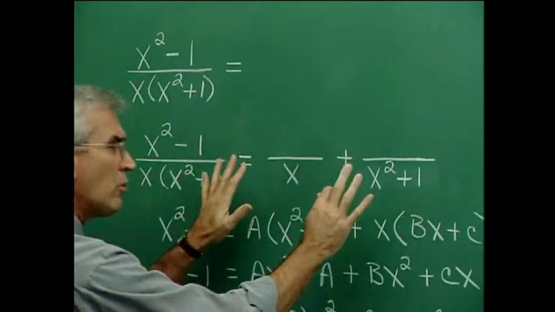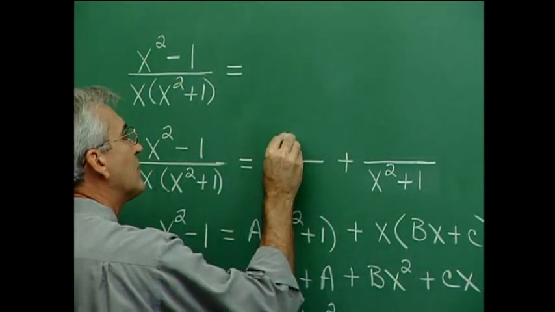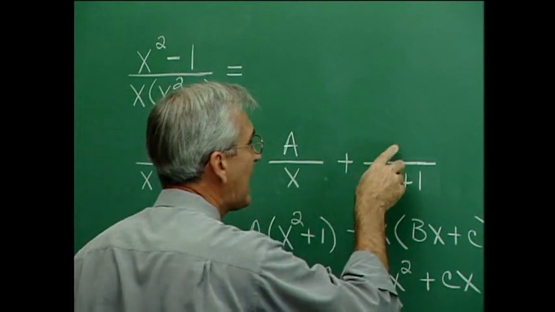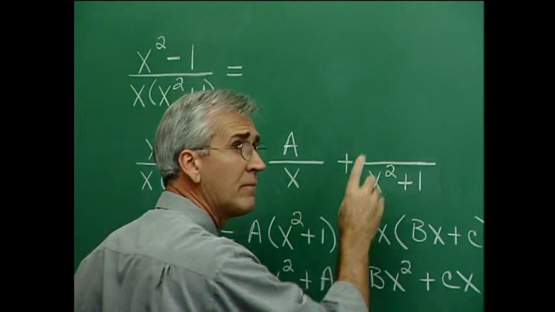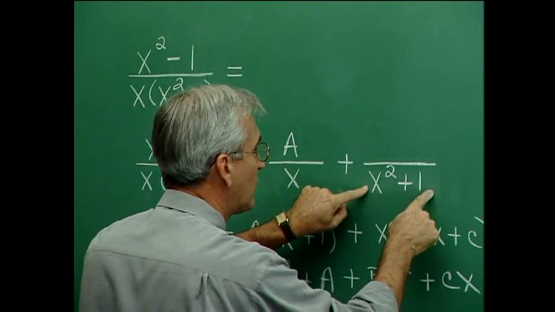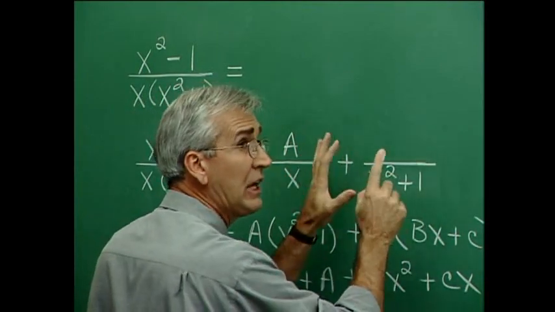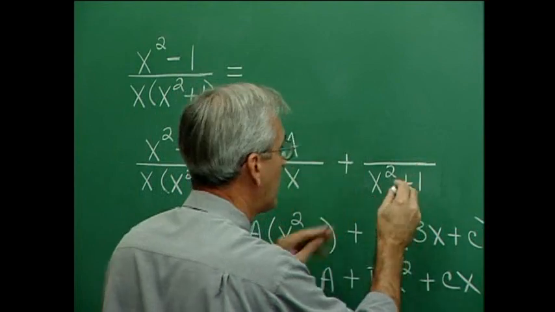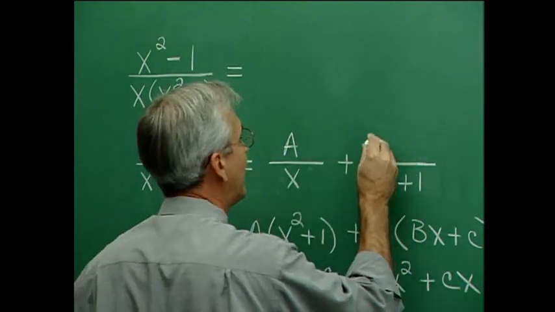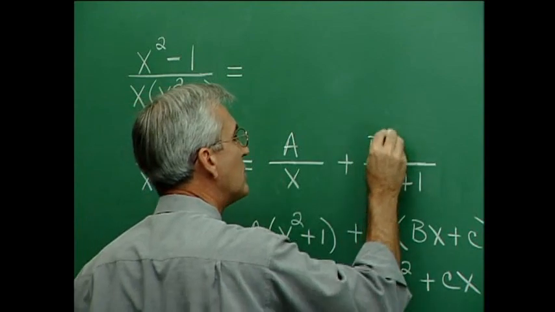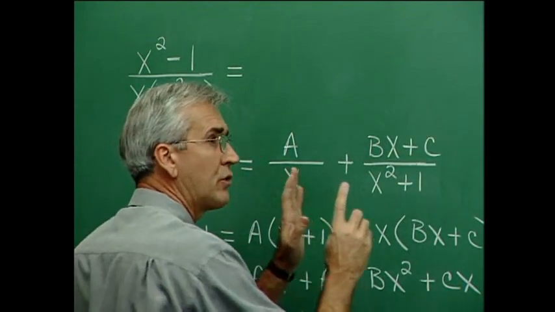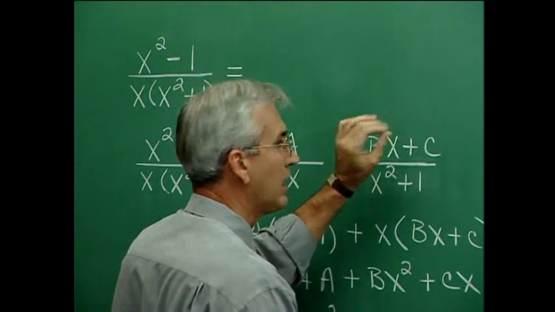Now, for our numerators, the numerator of this first fraction is simply a as expected. But because this is a quadratic factor, we have to set this up as a linear polynomial numerator, in the form bx plus c. You see, we have a first degree polynomial up here.